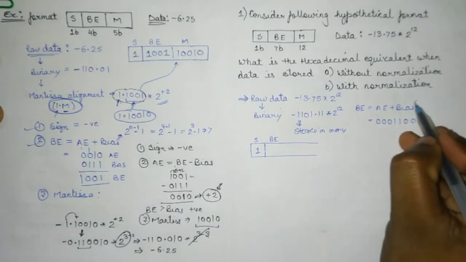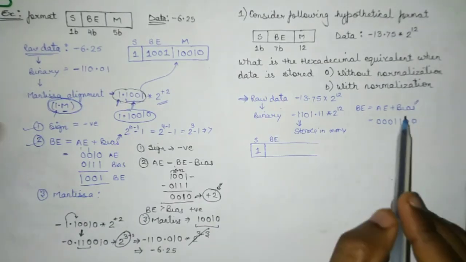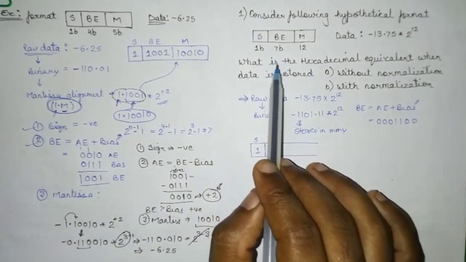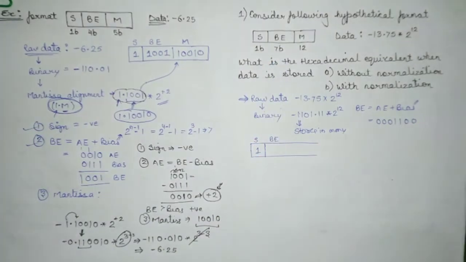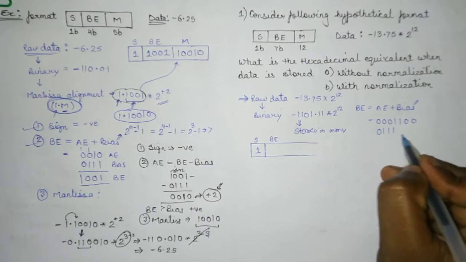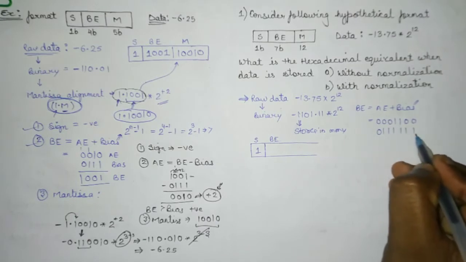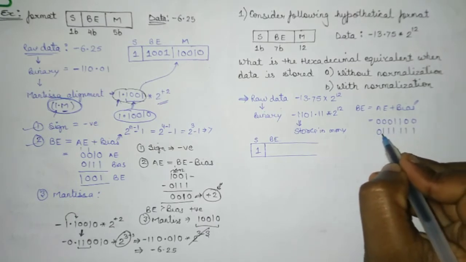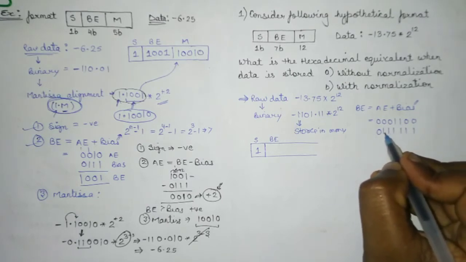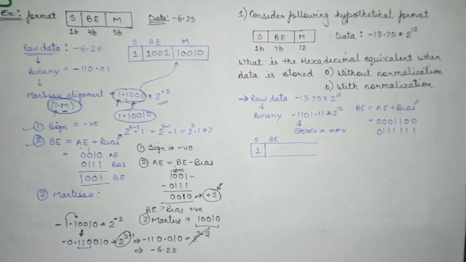Next we have to find the bias. The bias is 2 to the power 7 minus 1, that is 2 to the power 6 minus 1, that is 64 minus 1, which is 63. And 63 is nothing but 0111111. Yes, this is 63.